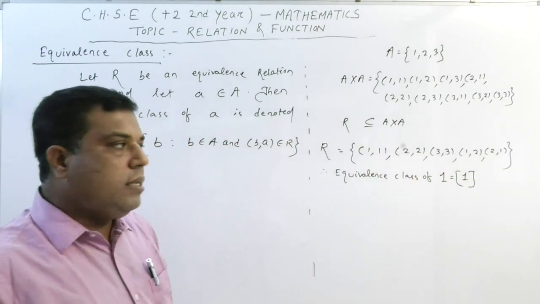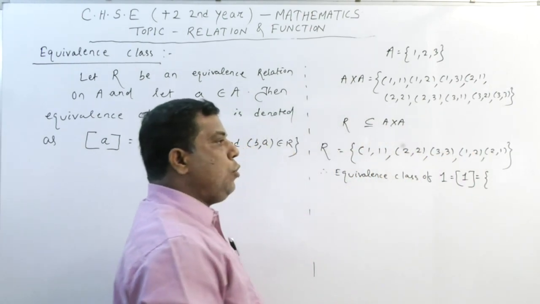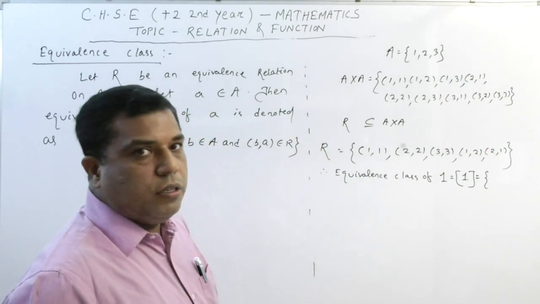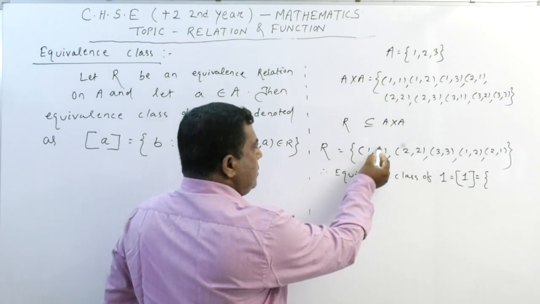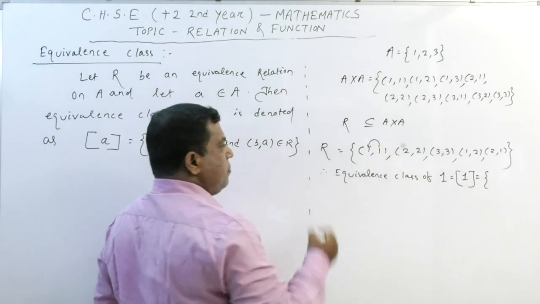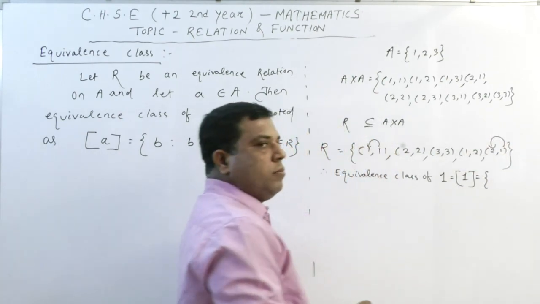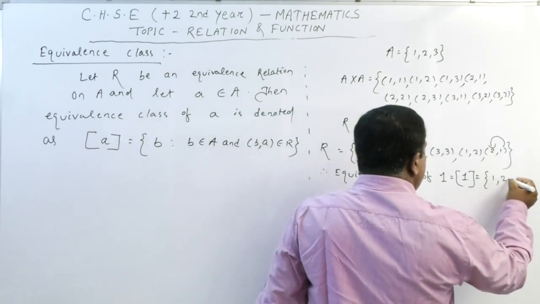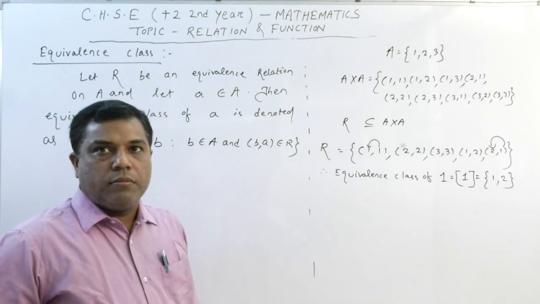And what does it consist of? It consists of those elements that are related to 1 in that particular relation. So you see here 1 is related to itself, and 1 is related to 2. Yes or no? So the equivalence class of 1 is {1, 2}. Yes.